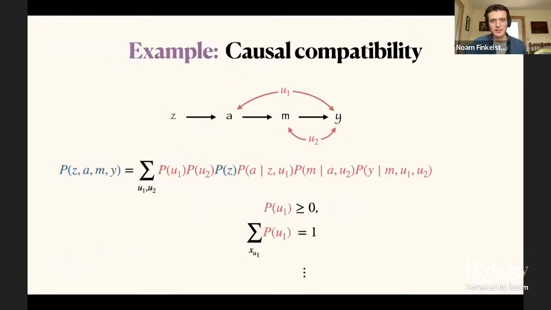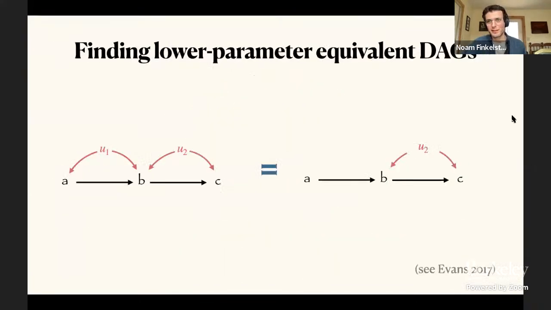I think in some cases it's easy to prove a lower bound, and these are trivial cases. There's a paper by Robin Evans, whose work has clearly influenced this work, where he presents a criterion for latent variable DAG equivalence.